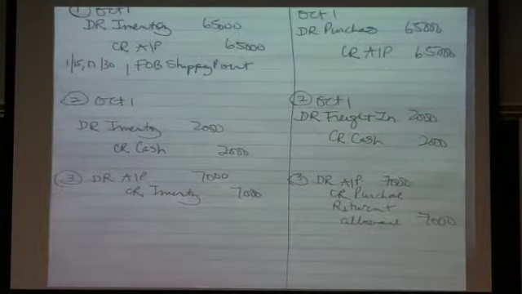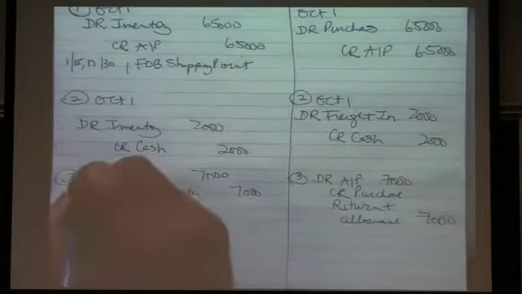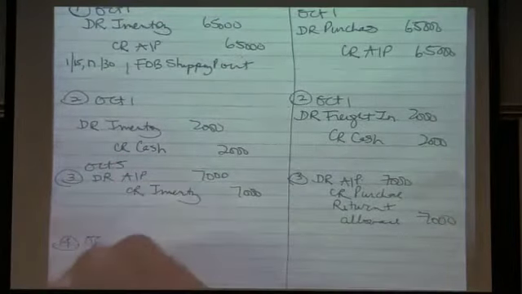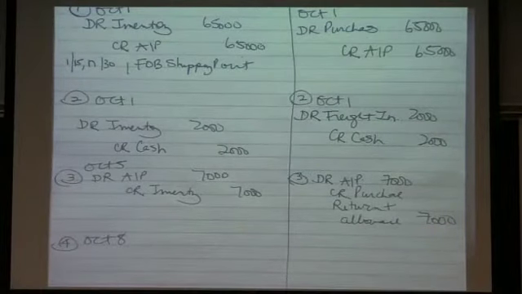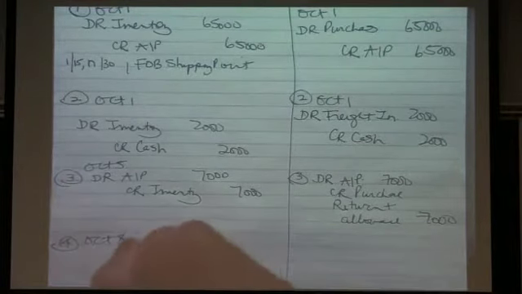Now, on October the 8th, the fourth journal entry, we actually sold the remaining inventory to a customer called Gudant Corporations for $90,000. So this is an actual sale.